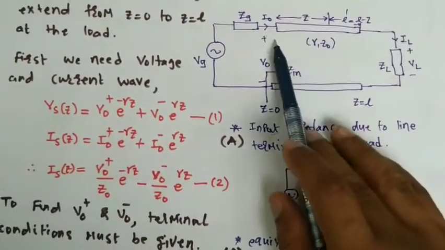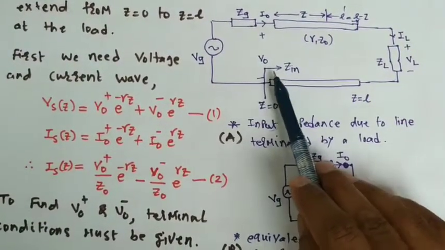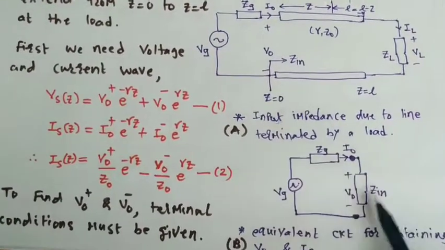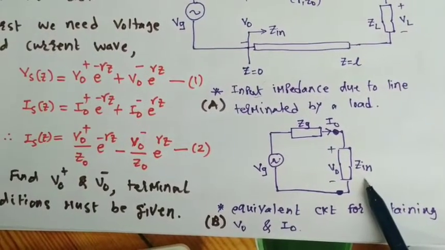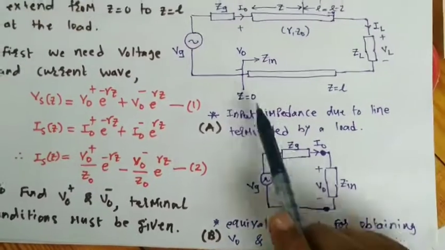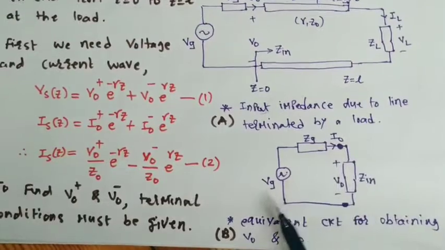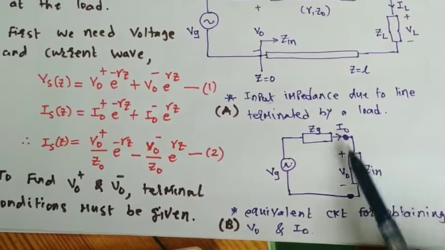We have expressed all this as the input impedance at the source or generator side. So this figure can be considered as an equivalent circuit of this transmission line for obtaining V0 and I0.